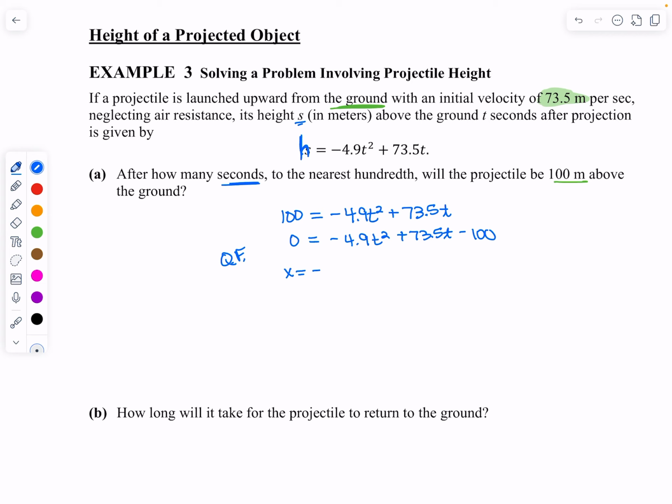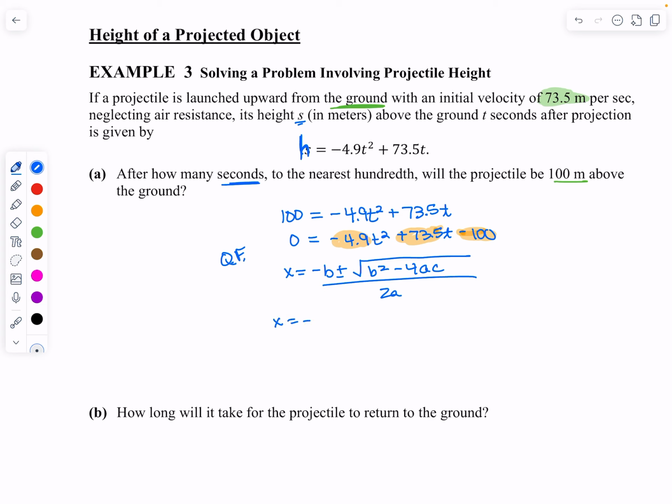So x equals negative b plus or minus square root b squared minus 4ac all over 2a. There we go. And now we have, here's our a, here's our b, and here's our c. If it helps you to write it out to the side, go right ahead.